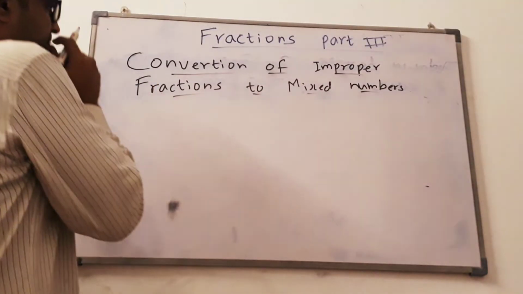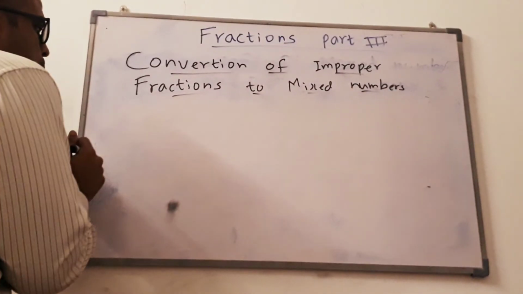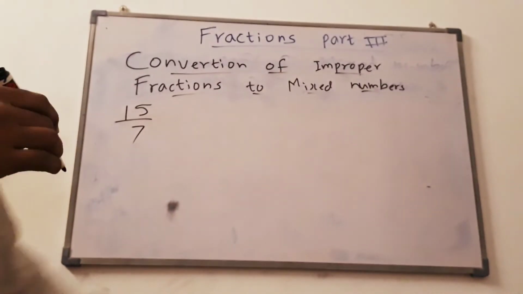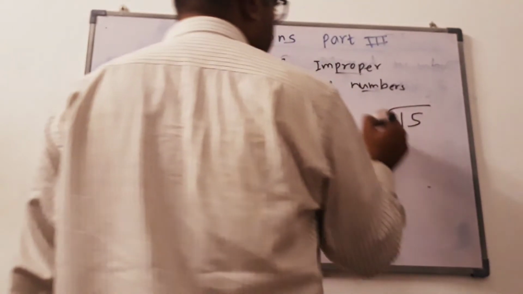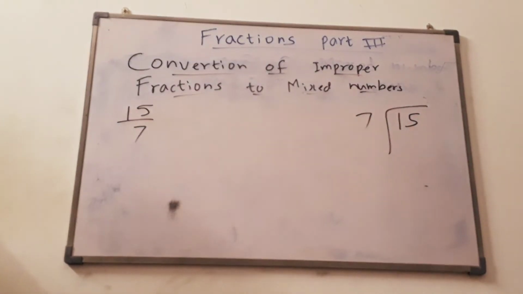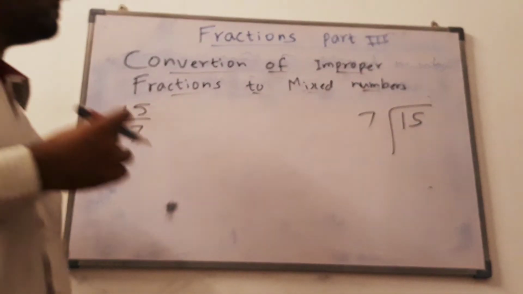Next is 15 out of 7. To do this, we have to divide 15 by 7. 7 times what is 15? Nothing comes exactly.